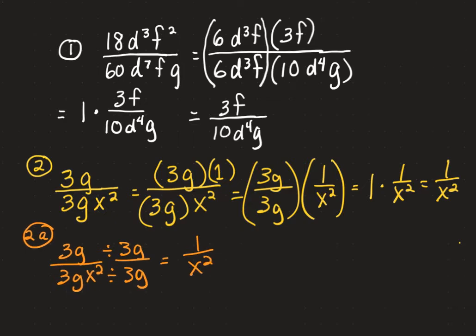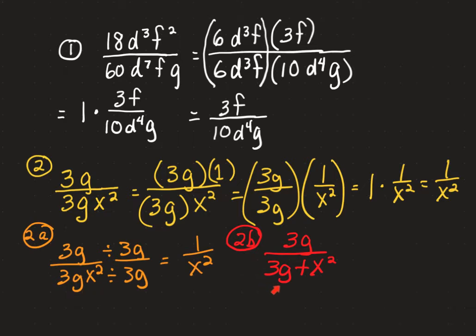There are different ways of writing out and thinking about the same concept, but be careful with this common factor stuff because it's very easy to make this mistake. A lot of people want to claim that the greatest common factor of the numerator and the denominator here is 3g, but it is not. Look at the difference between 2a and 2b. In 2a, you have 3g times x squared.